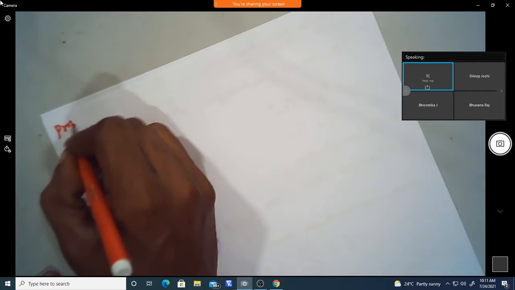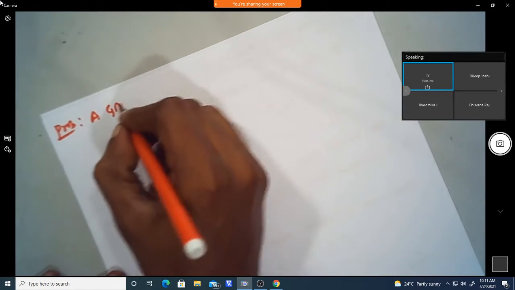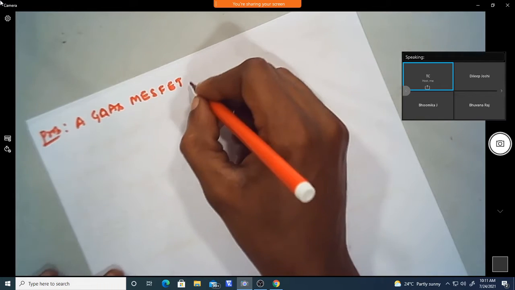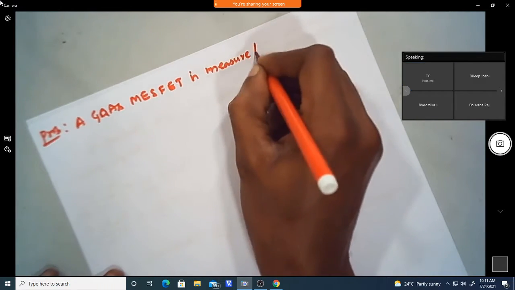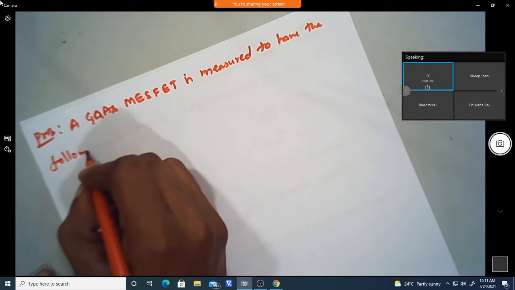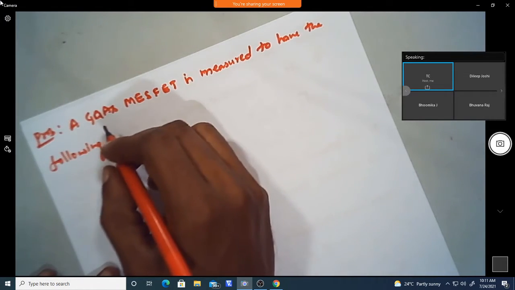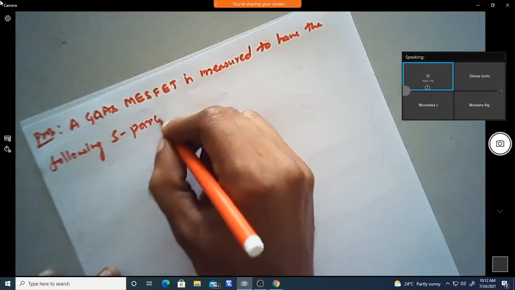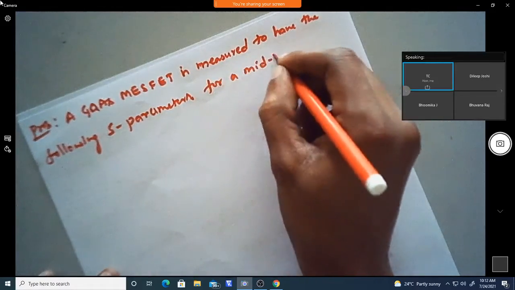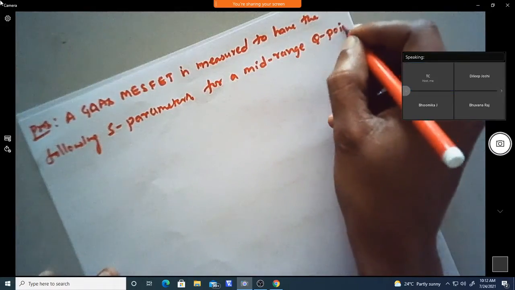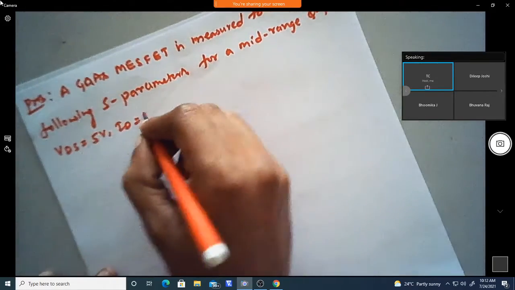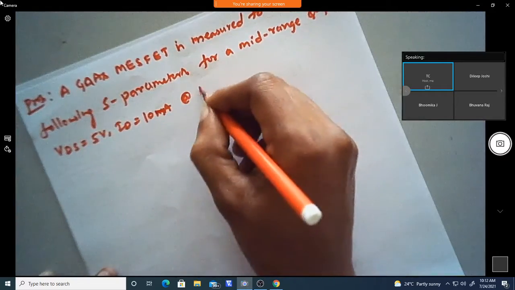So we take this problem: a gallium arsenide MESFET is measured to have the following S parameters for a mid-range Q point, that is VDS equal to 5 volts and ID equal to 10 milliamperes at 10 gigahertz.